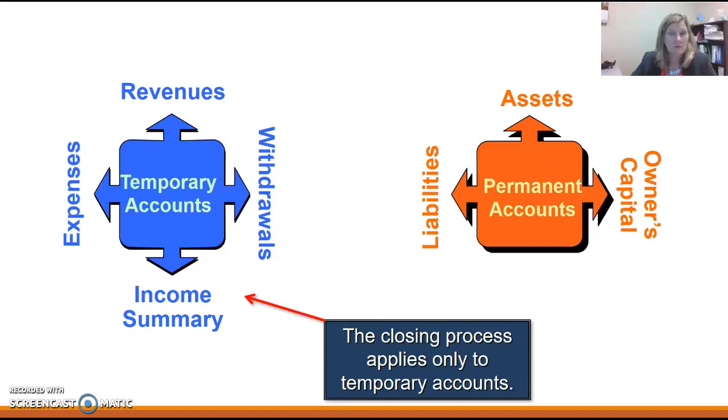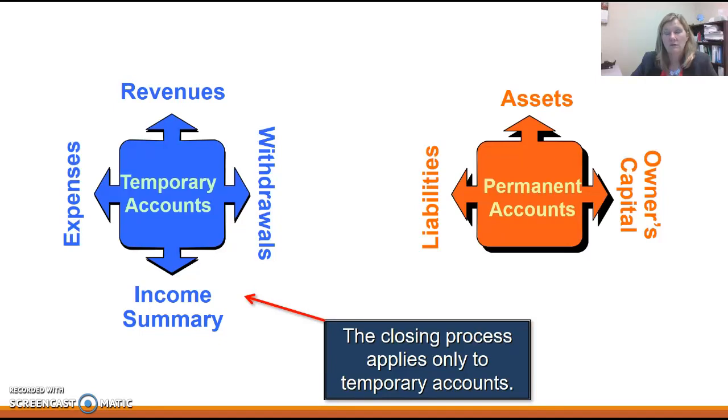The income summary account is a temporary account because it only serves the closing entries. The sole purpose of that account is to close the accounts. So at the end of the accounting period, we will also close that account.